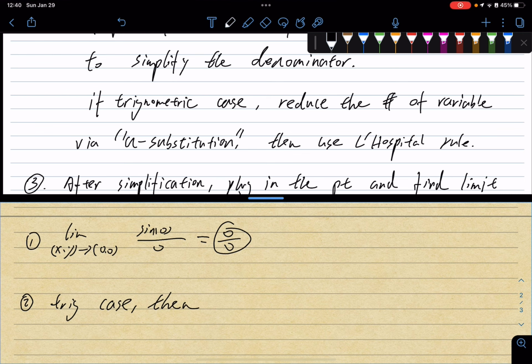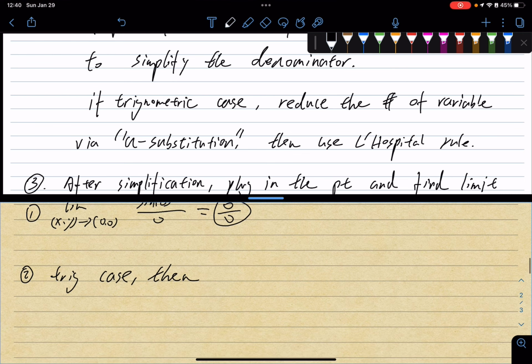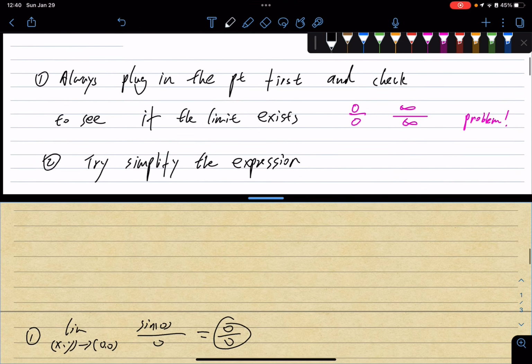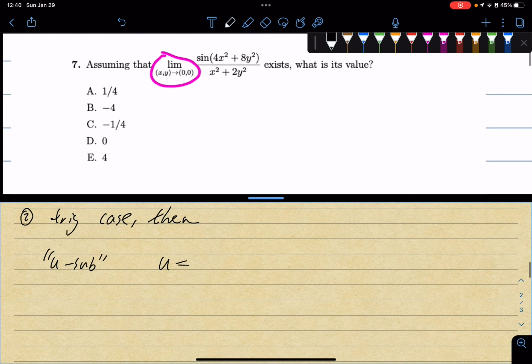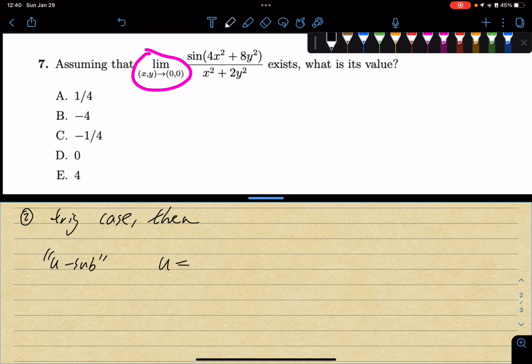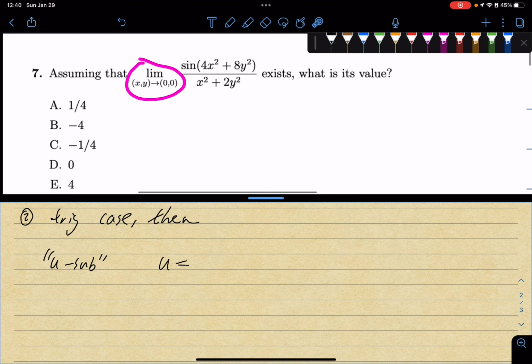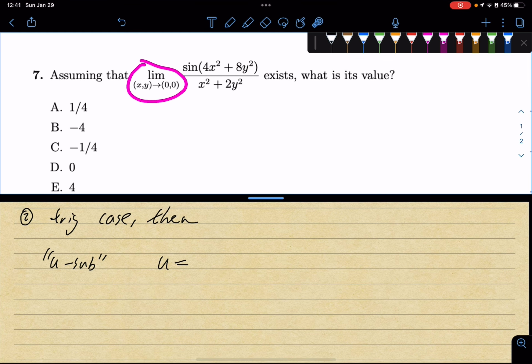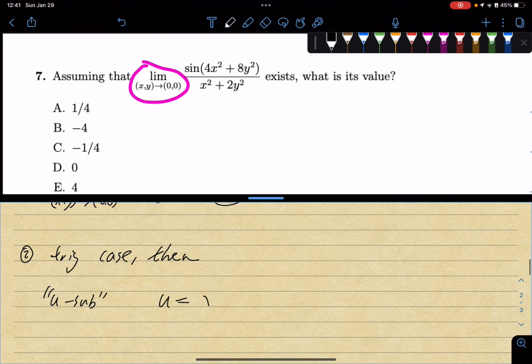Then the u substitution is, we're going to let u equal the common term in this problem. If you notice, this part is exactly 4 times the bottom one. So we're going to let the bottom one be our expression for u. So that's x squared plus 2y squared.